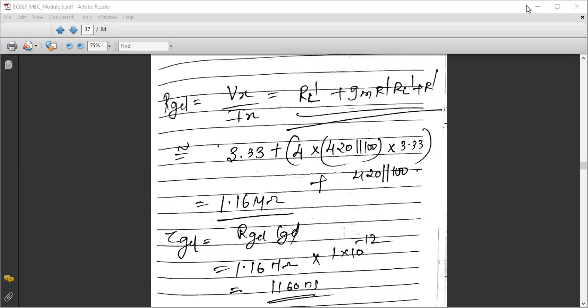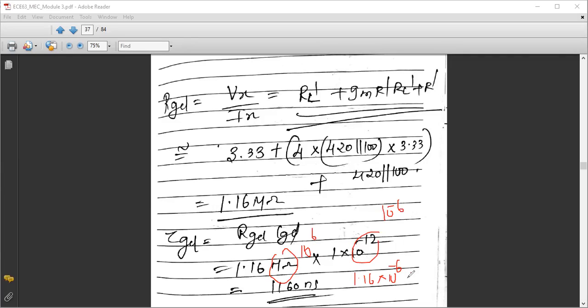Let me clarify. This is 1.16 mega, and mega means 10 to the power 6. This is 10 to the power minus 12. 10 to the power 6 and 10 to the power minus 12 will become 10 to the power minus 6. Correct now? So the answer is 1.16 into 10 to the power minus 6.